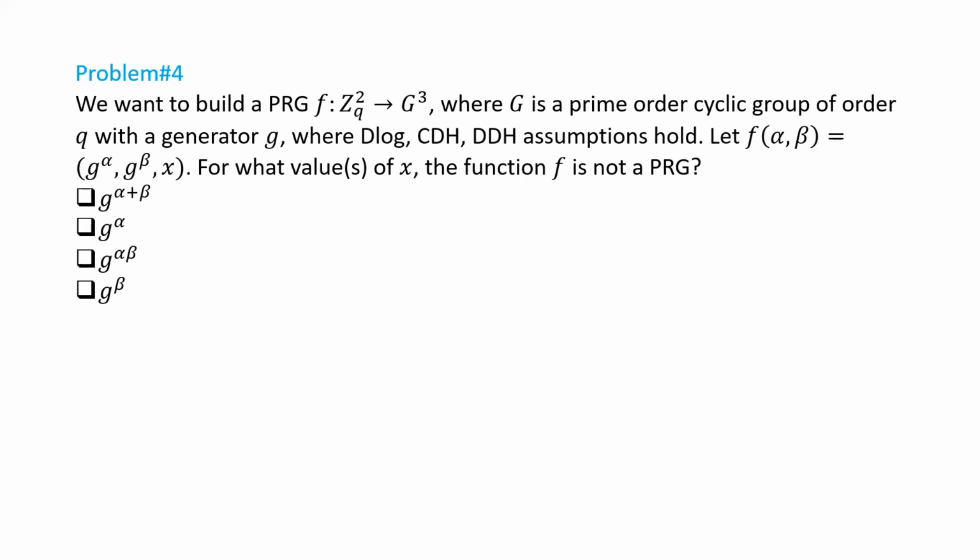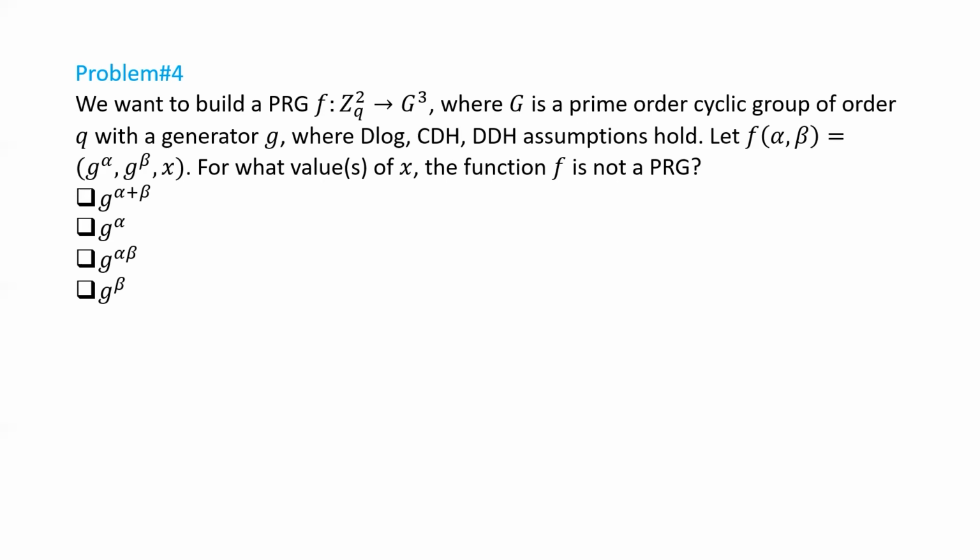And if they do not match, that is, it is actually a truly random string, so it will output that I am interacting with a TRG. And in case of the fourth option, it will match the second and third components and output in a similar way. In all these three cases, that is first, second, and fourth, the adversary is actually able to distinguish the output of the PRG from the output of the TRG with non-negligible probability. So they are not secure constructions of a pseudo-random generator.